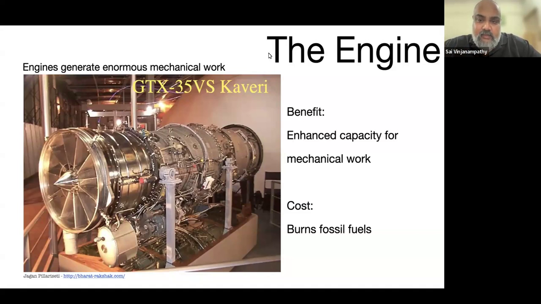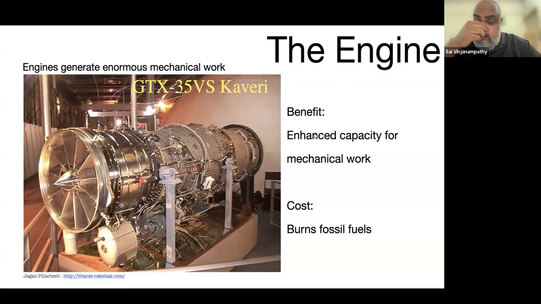And so the benefit is this tremendously enhanced capacity for mechanical work, which means we can have a train that just continuously moves for hundreds of miles and days and days on end without getting tired, so to speak. The cost of it is perhaps burning fossil fuels, which you would have thought of as a simple cost in the 50s, but as we will learn to realize, this is a complicated cost, and we need to actually think about it more carefully.